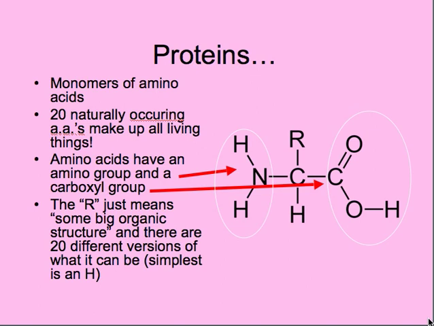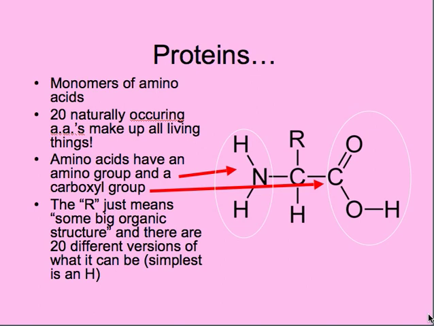Now I'm going to show you a chart of the other structures of the 20 amino acids. And it's going to have the hydrogen removed right here, this hydrogen removed from the carboxyl group and actually added over here onto the amino group, and that's a way that these amino acids tend to exist in the cytoplasm.